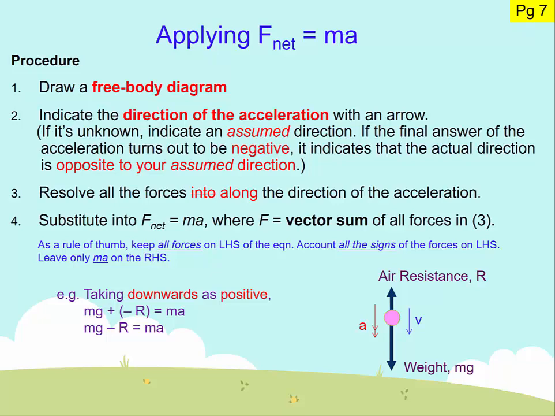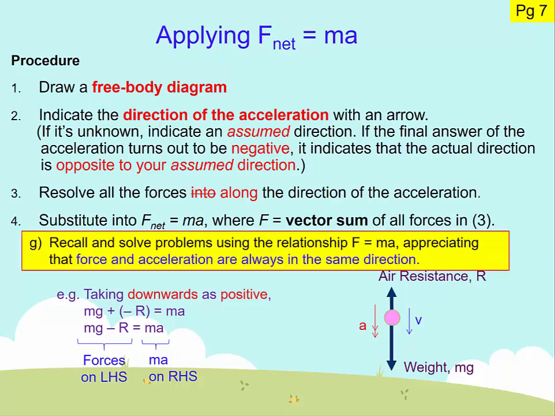So in this example, taking downwards as positive, mg, the weight, is downwards, so it's positive. R is upward, so it's negative. So we have mg minus R equals ma. The forces are on the left-hand side of the equation, and the ma is on the right-hand side of the equation.